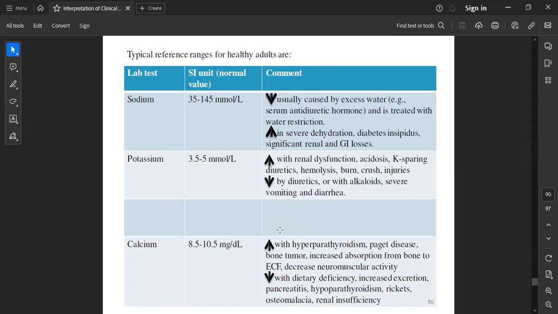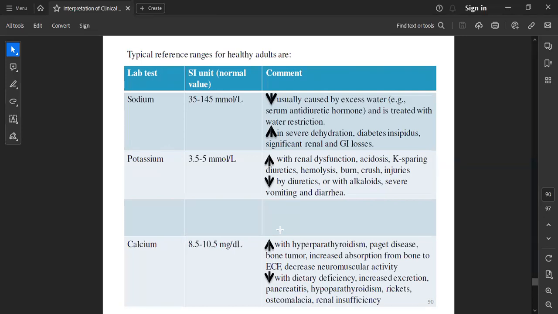Potassium levels increase with renal dysfunction, acidosis, and if someone is taking potassium sparing diuretics, something like spironolactone. Hemolysis: potassium is mostly an intracellular ion.